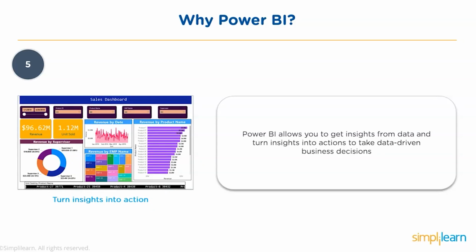Right, so this is just a very quick example of how a typical dashboard looks. A dashboard is nothing but a couple of multiple reports clubbed on a single page, and if you change a single filter on the page, all the reports will honor that filter and the numbers will change accordingly.